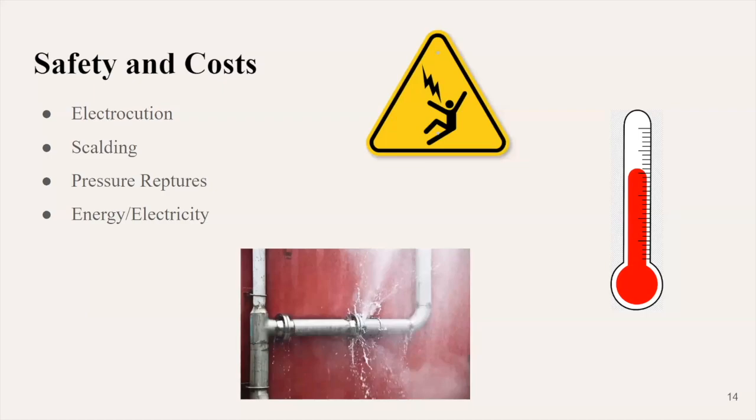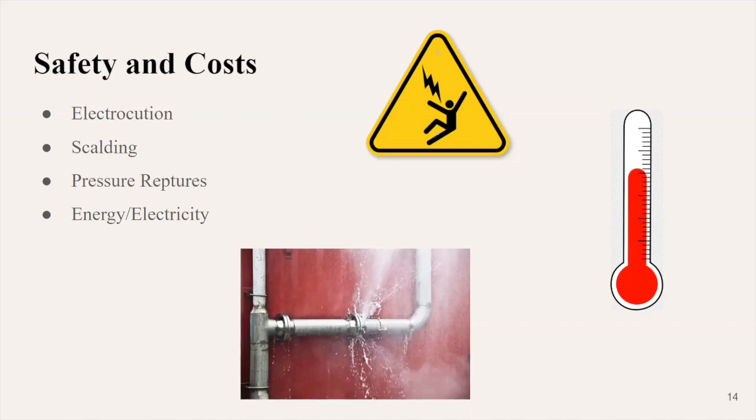So with thermal remediation, electrocution, scalding, pressure ruptures, and energy and electricity are safety and cost factors. So electrocution from electric heating elements or electrodes, workers working above ground can get tangled with them or handle them improperly.